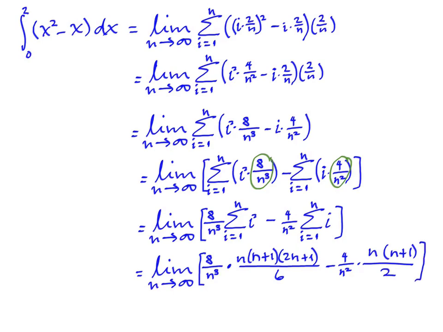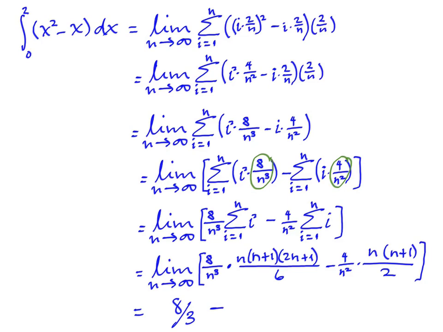All right, so now I can take the limit. Notice a few things cancel. If you divide in the first term, divide top and bottom by n to the third and simplify a little bit, the first one goes to 8 over 3.